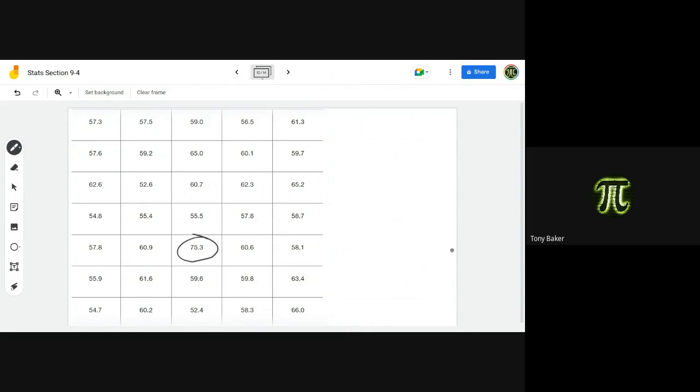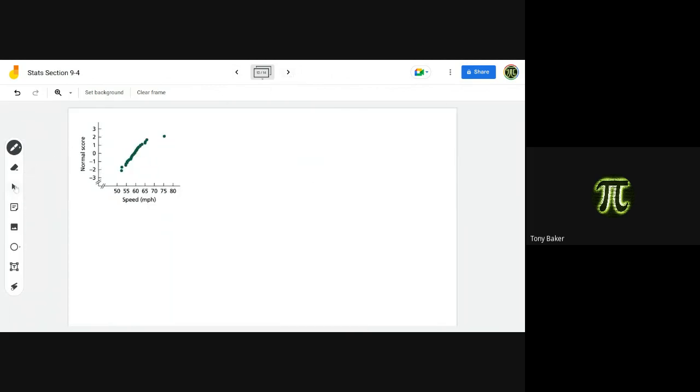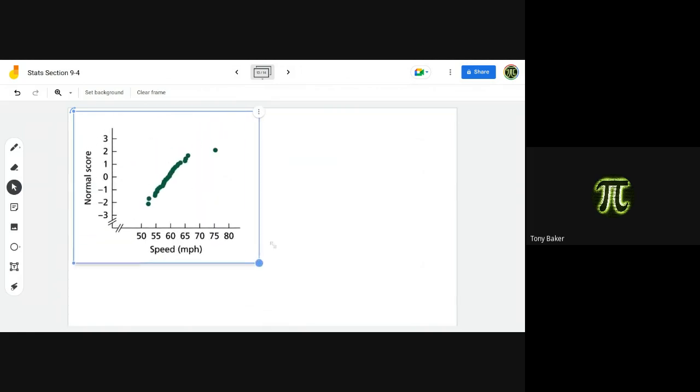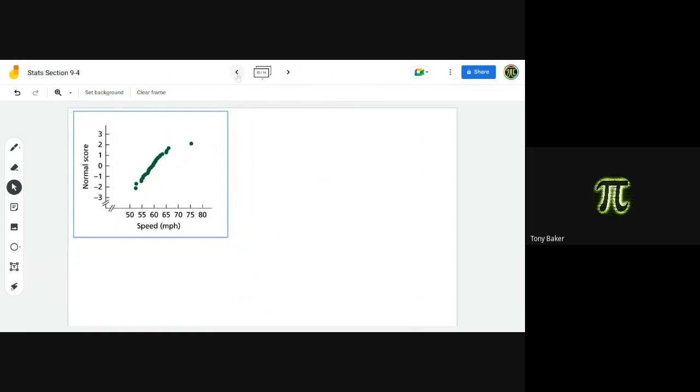That's what would happen if I give you one with an outlier. It's going to look really weird compared to the rest of it. And if we look at the normal plot, you can see how it's out there. The rest of the data looks pretty good, like a nice straight line, but that one doesn't. So that's one of those where it's like, okay, let's just eliminate that one.